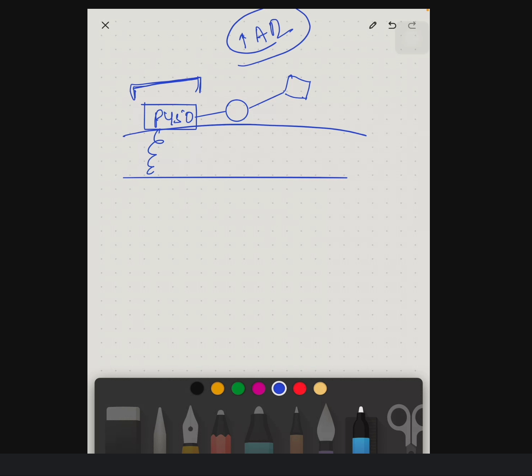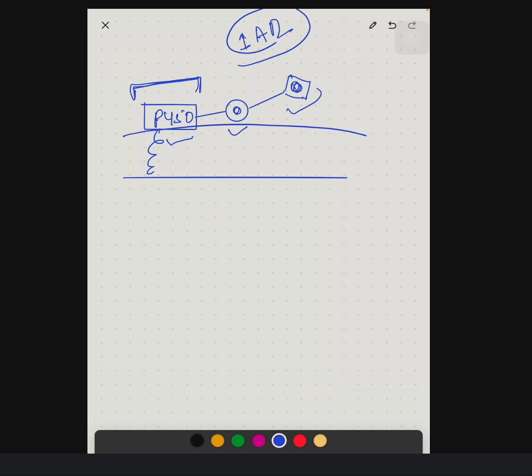So 1 means this part and A2 means this part. So they are subclassifying these cytochrome P450 molecules. Most of the drug interactions are because of the action of this. This enzyme is responsible for converting the drugs into their metabolites. When there is excessive activity of this enzyme, there is excessive metabolism of the drug. When there is less activity of this enzyme, there will be less metabolism of the drug.